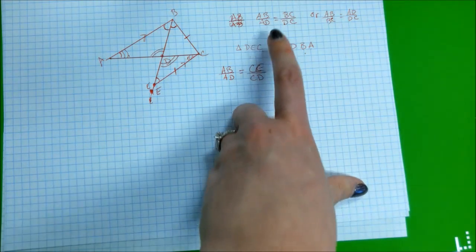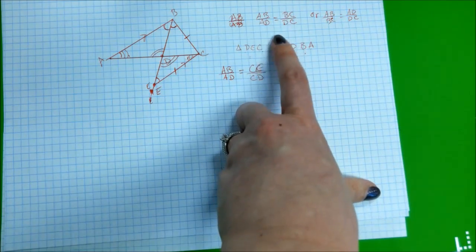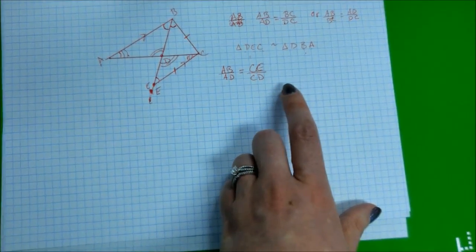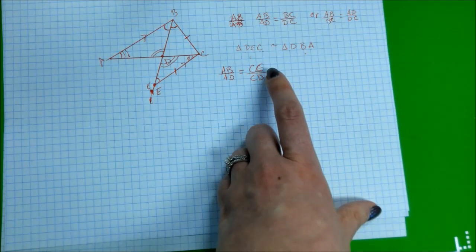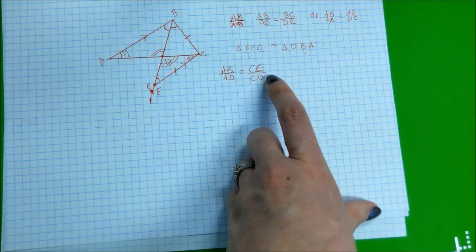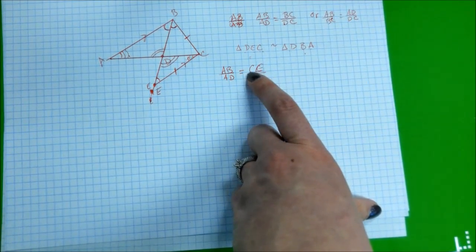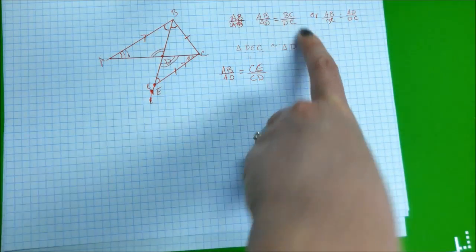What do we notice about these two proportions that I just made? About this one in particular compared to this one? They're the same except for what? They have AB and AD. B and E. One has B, one has E, right? One uses side length CE and one uses side length BC.